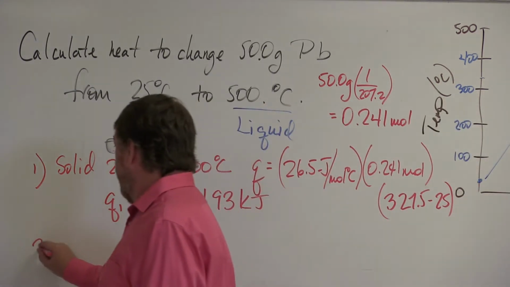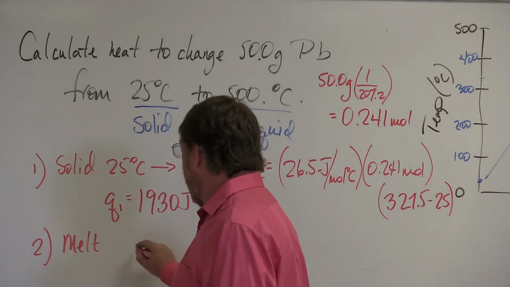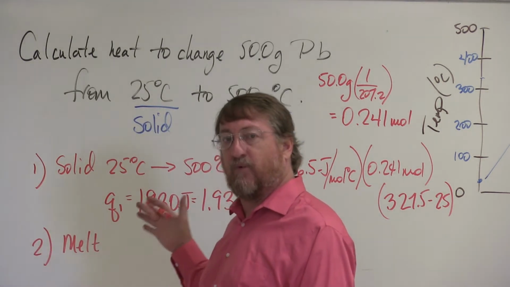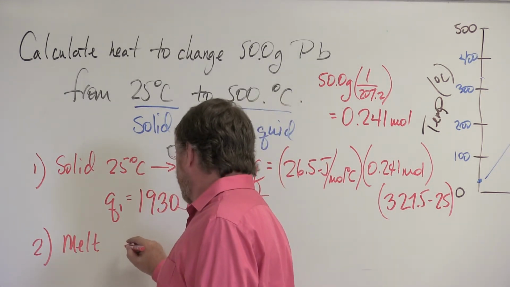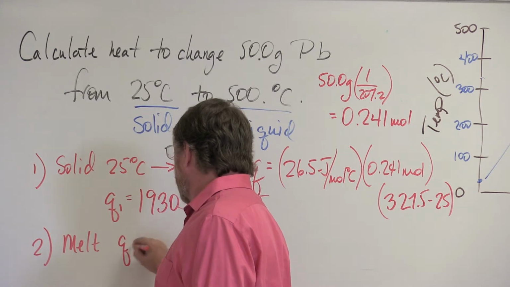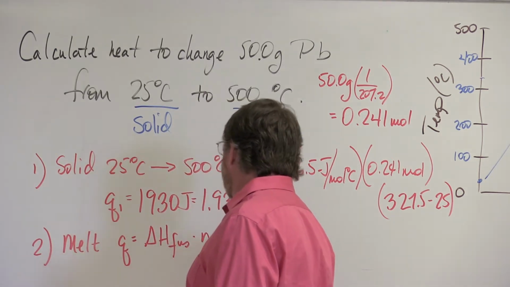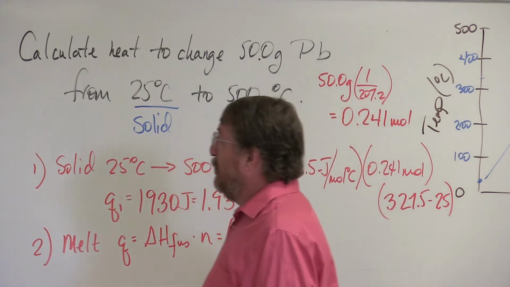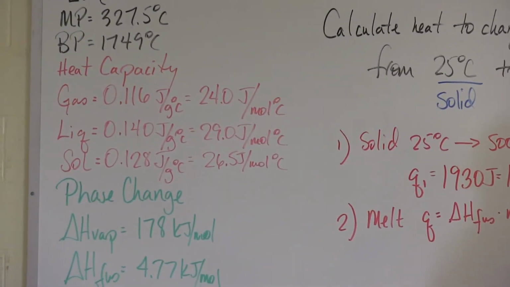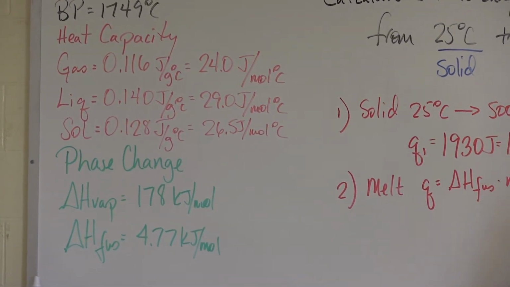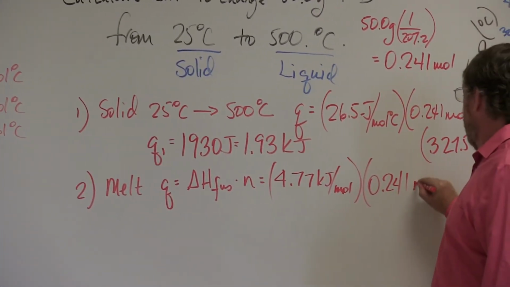The second step is the melt. Melt, there's no temperature change occurring whatsoever. We're sitting right at 327.5 degrees Celsius. So we've got Q equals the heat of fusion times the number of moles. Heat of fusion for this is 4.77 kilojoules per mole times 0.241 moles.